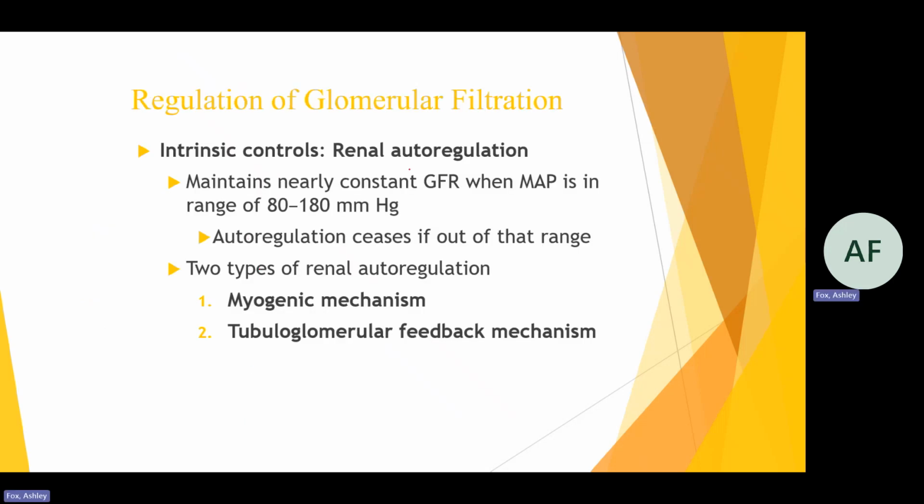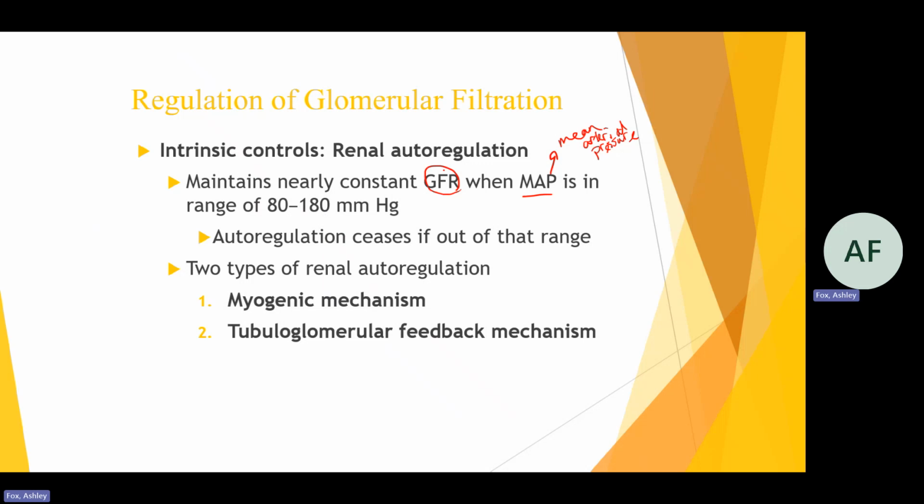So first, talking about renal autoregulation. Again, this is kidney self-regulation, and this is how the kidneys can maintain a pretty constant GFR by themselves. They can maintain a constant GFR when the MAP, the mean arterial pressure, or blood pressure, is within 80 to 180 millimeters of mercury.